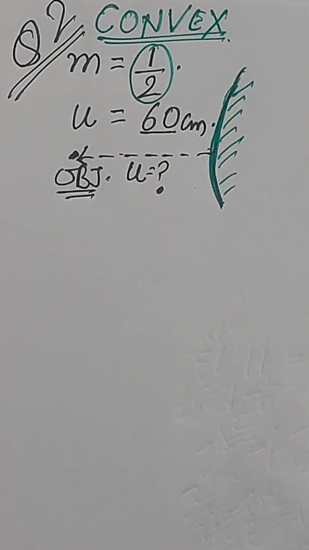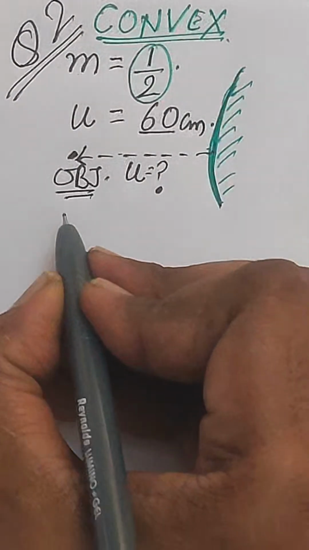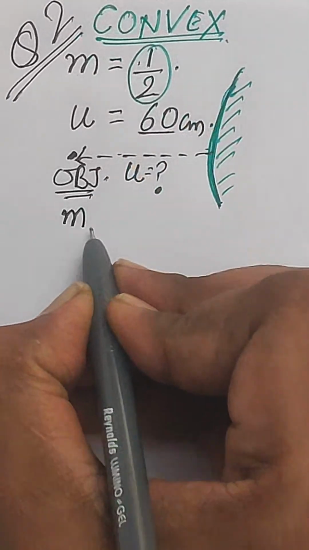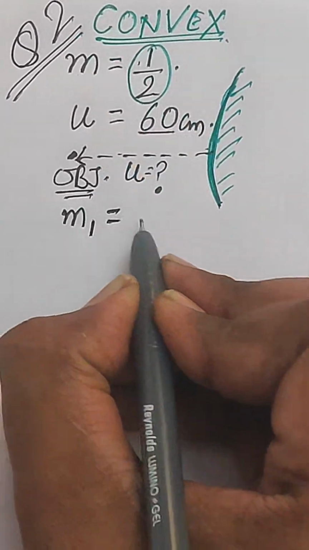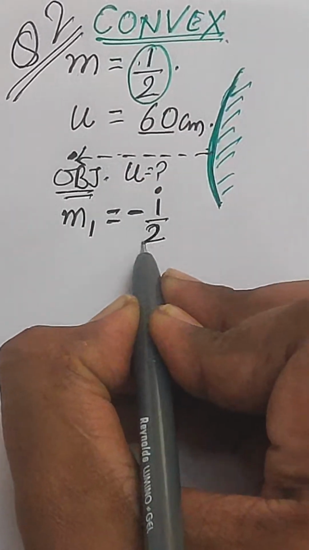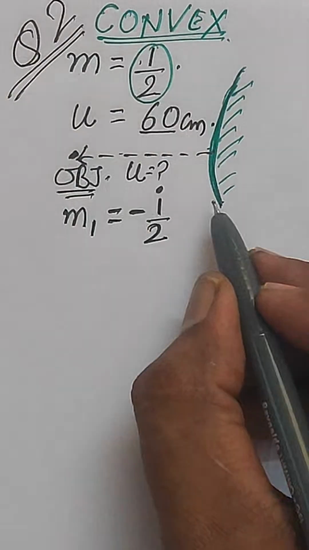Being a convex mirror, we can write the value of m1, and it will be negative, minus 1 by 2, because this is a convex mirror magnification.